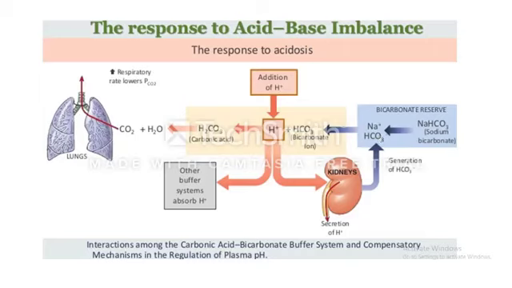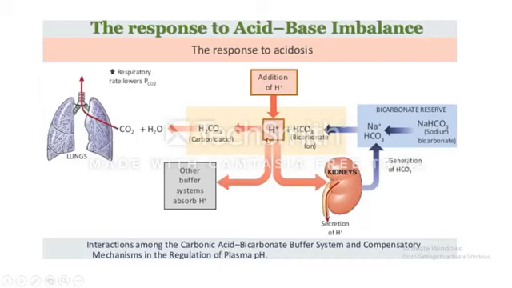From the bicarbonate reserve, sodium bicarbonate is also converted into bicarbonate ions to decrease the acidic condition. This bicarbonate ion reacts with the acid inside our blood, with the proton.